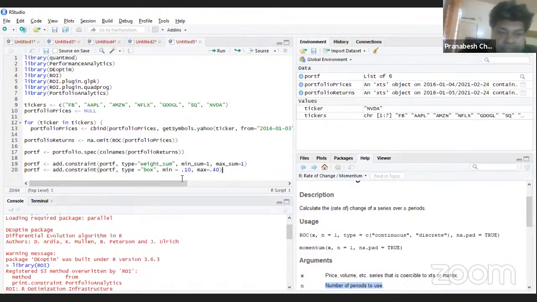This line means that I want to add a constraint to specify that the weight of none of my stocks is less than 10%, and the weight of none of my stocks is more than 40%. So the weight of each one of my stocks is in the range of 10% to 40%.